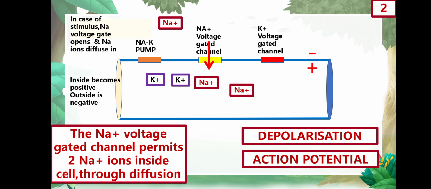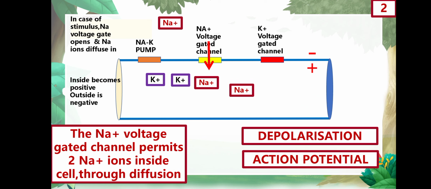In case of a stimulus, the sodium voltage gate opens and the sodium ions diffuse inside the axon, and the inside becomes positive and the outside is negative in comparison to the inside of the cell. This movement of ions is known as depolarization, and the potential is known as the action potential.